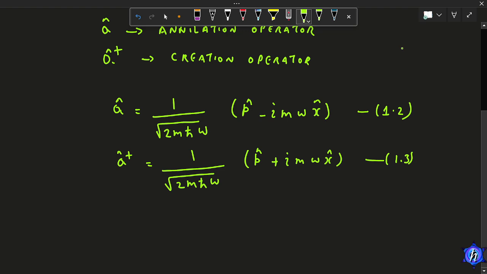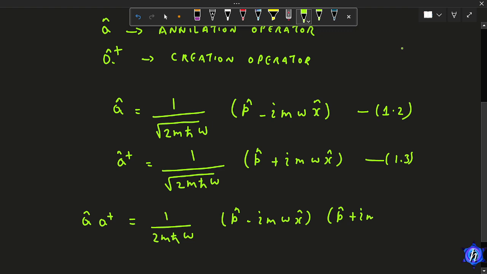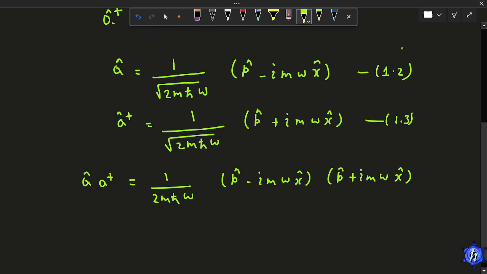So I can calculate a cap a dagger. This you can see easily is given by p cap minus i m omega x cap, p cap plus i m omega x cap. The order in which you calculate matters in quantum mechanics, but we won't do any gymnastics with that.